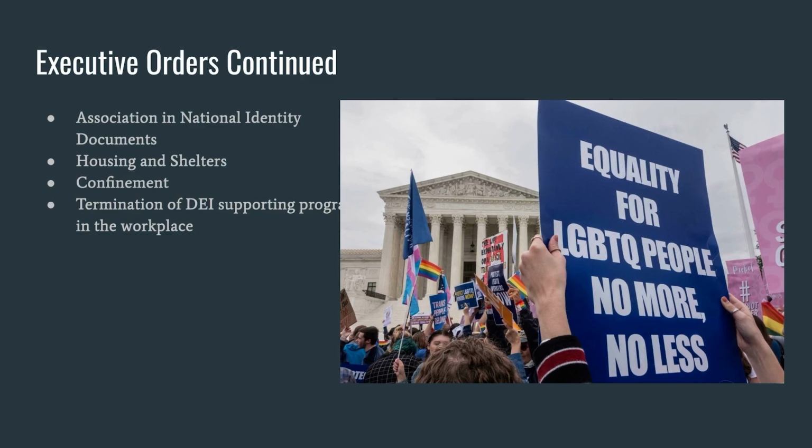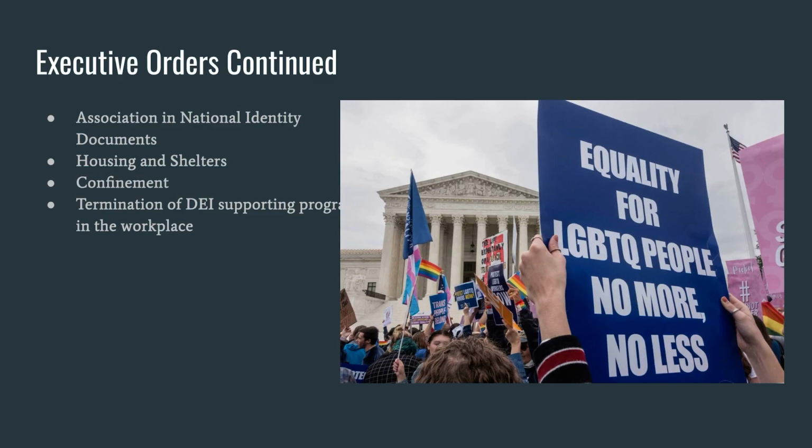What this means is that transgender and non-binary people are no longer able to access new or renewed passports that reflect their gender identity. Regulatory safeguards protect validly issued passports from rescission.